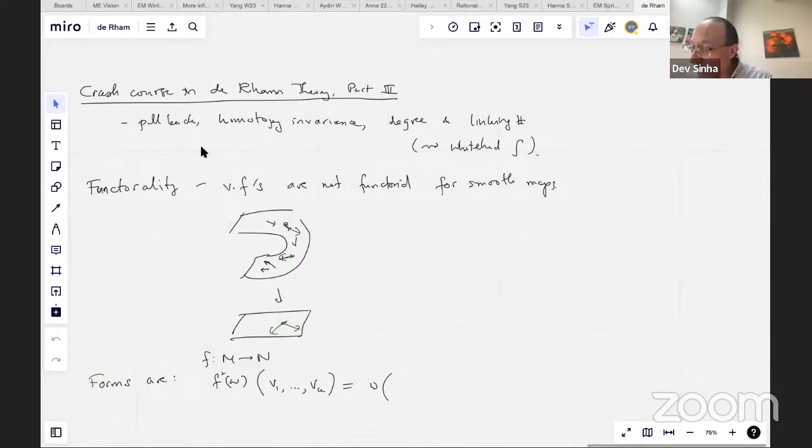That's often called the Jacobian or the derivative, and that includes for the map that I just wrote below. And lo and behold, if I just do that, it's easy to check that I get some set of vectors in the range, and I can apply the form. So it seems a little bit odd.